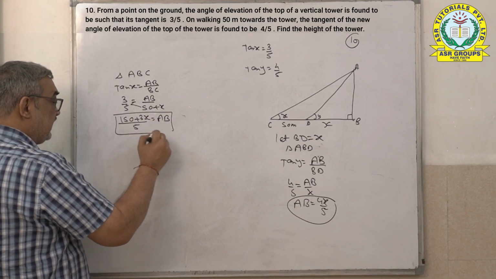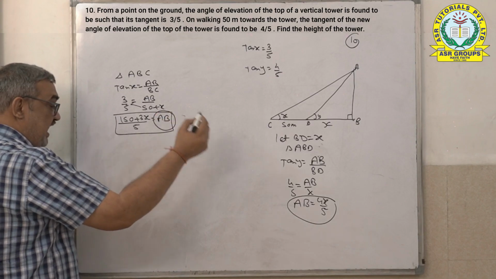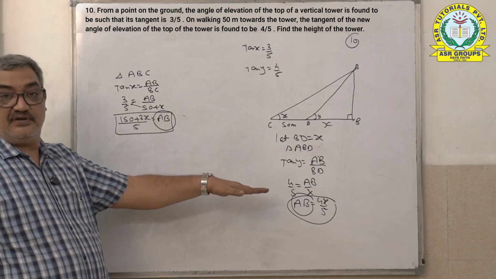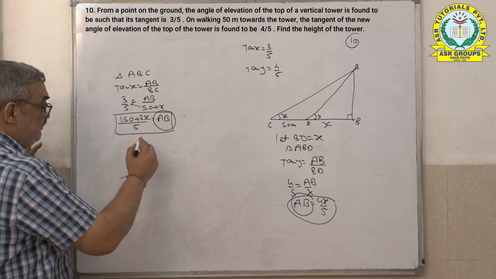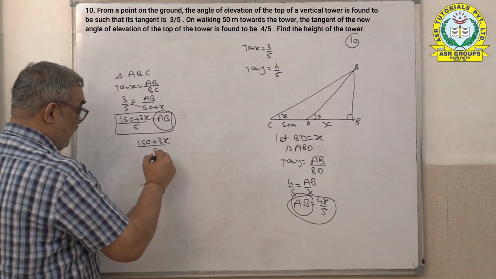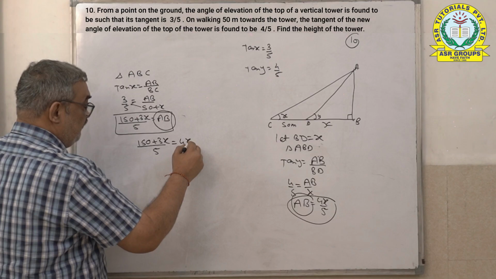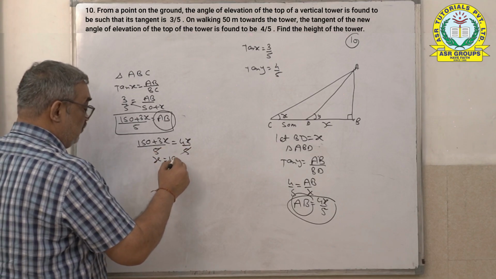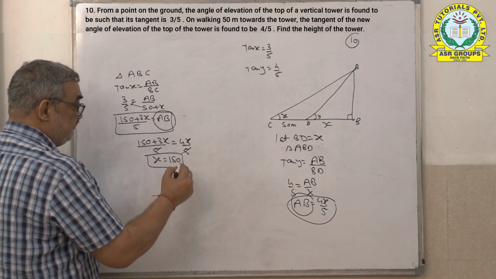Now you see AB and AB. I'll equate. Got it? So, 150 plus 3x upon 5 equal to 4x upon 5. 5 cancel. I'll get x equal to 150.